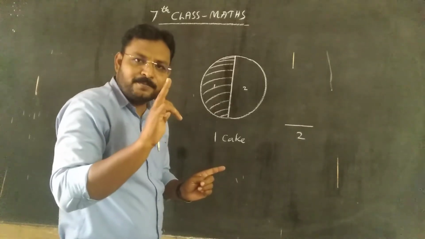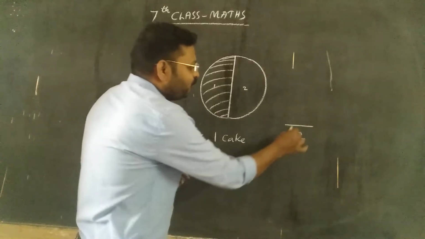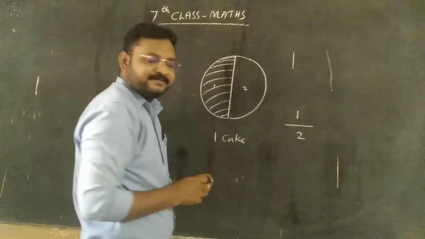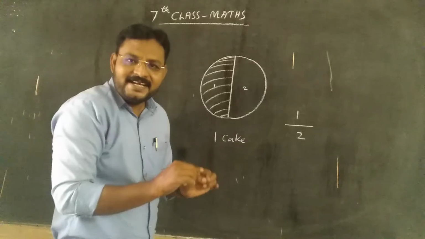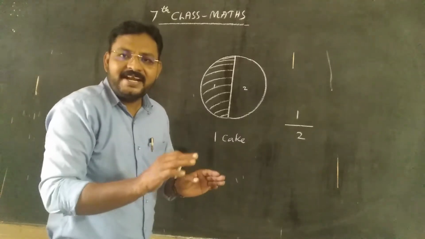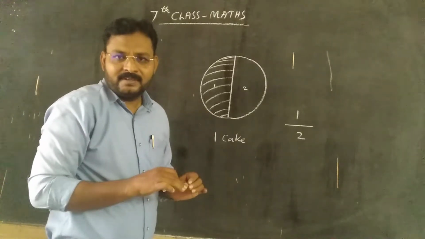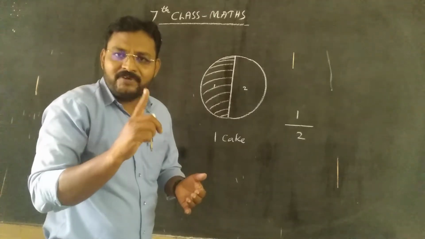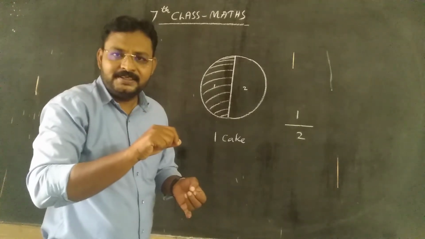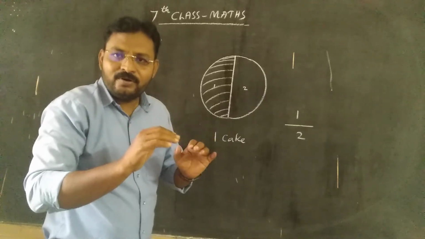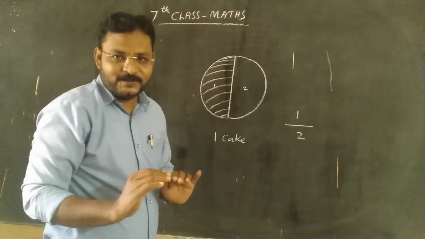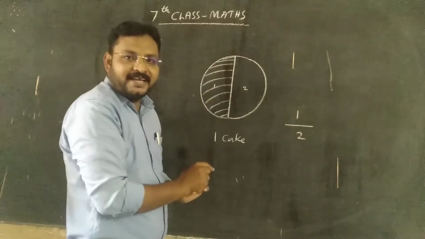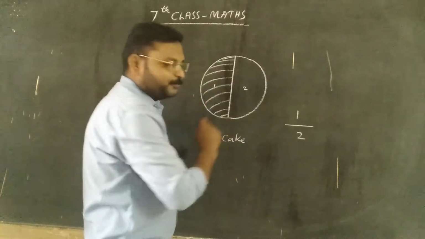So take this number 1 and write it above the cross line. 1 indicates the shaded region. Only one part is shaded out of 2 parts. So this shaded portion is called 1/2.